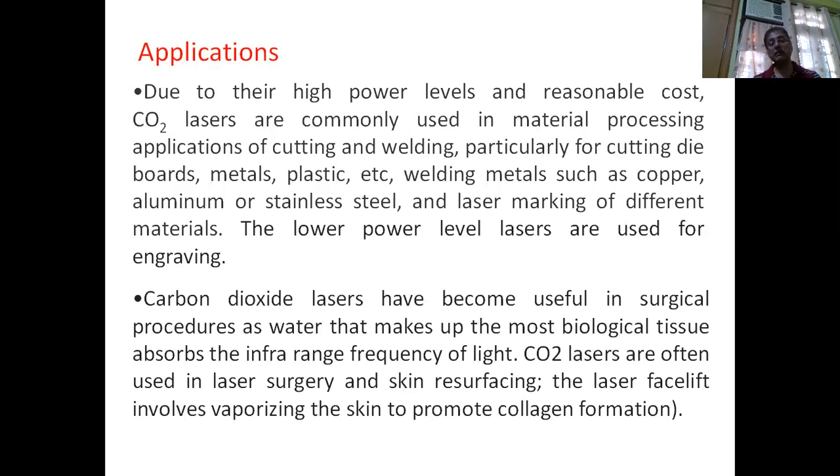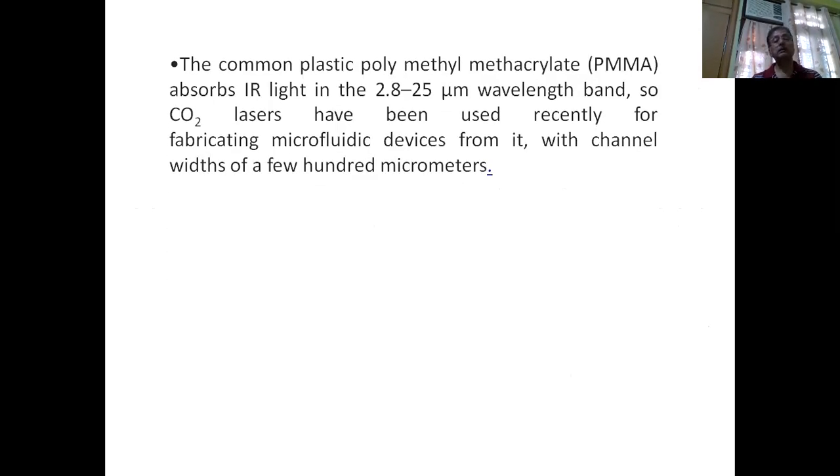Carbon dioxide lasers have become useful in surgical procedures because water, which makes up most biological tissues, absorbs the infrared frequency of light. CO2 lasers are often used in laser surgery and skin resurfacing. The laser facelift involves vaporizing the skin to promote collagen formation. The common plastic PMMA absorbs infrared light in the 2.8 to 25 micrometer wavelength band.